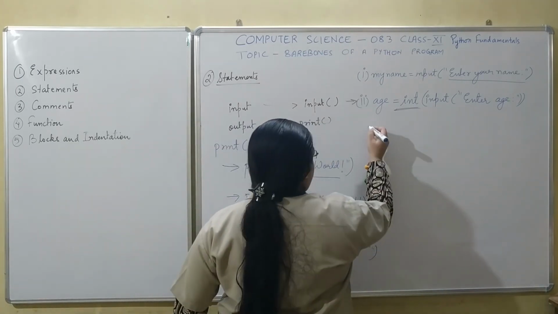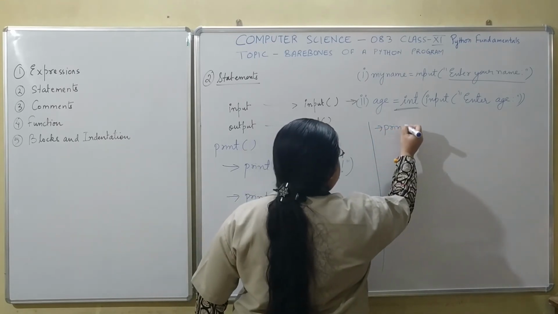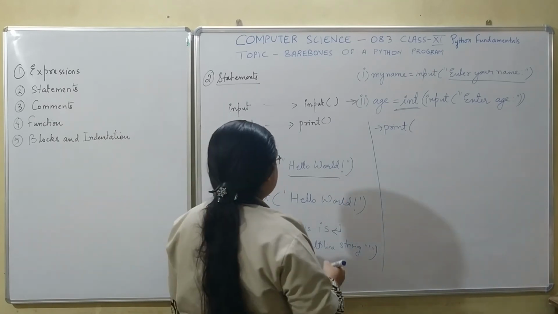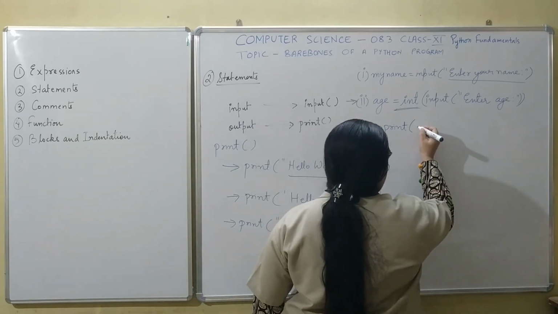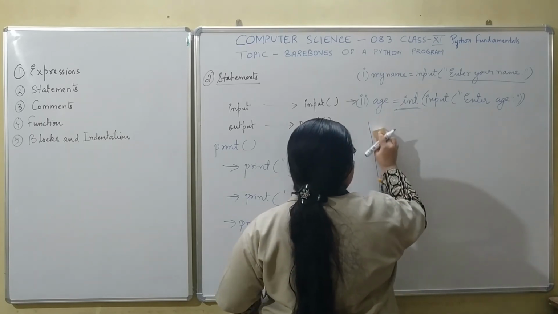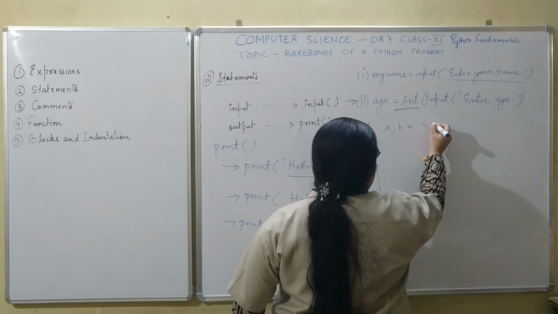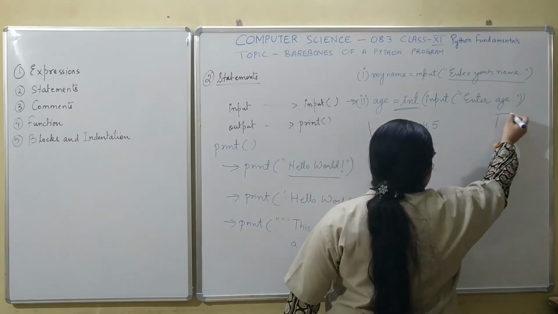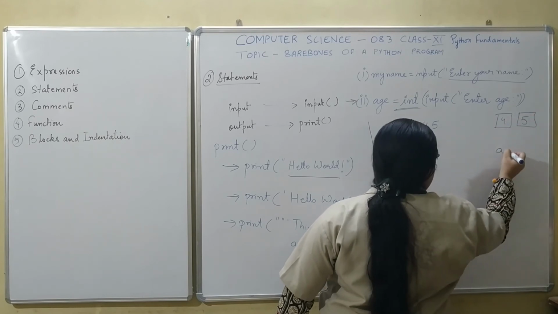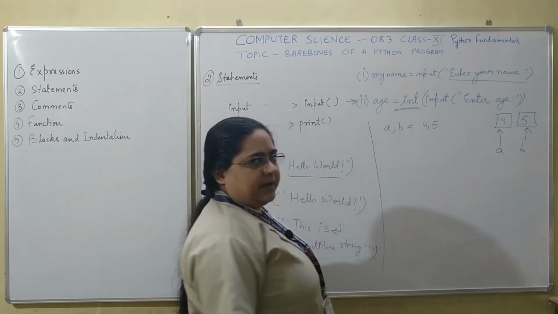Another way of print is, print accepts some arguments also. Like if I have two values here, I have a comma b equals 4 comma 5, which means in the memory we have two places 4 and 5 where a is pointing to 4 and b is pointing to 5.